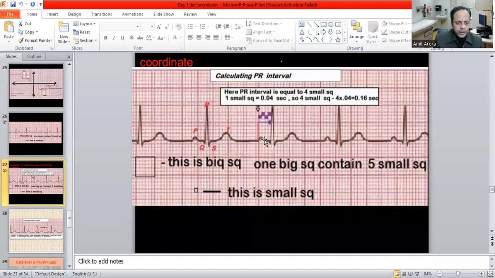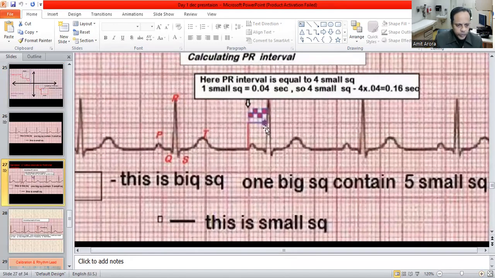Some people think that this is the PR segment. Let me enlarge. For your ease, I have marked 4 small squares: 1, 2, 3, 4, there are 4 small squares between the P and R.